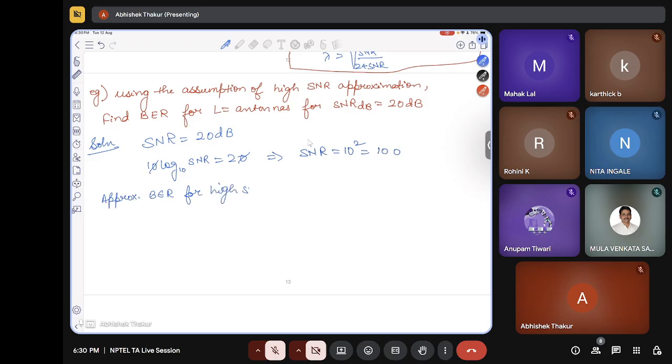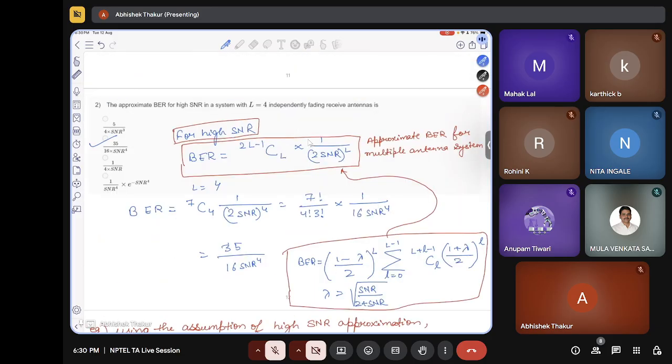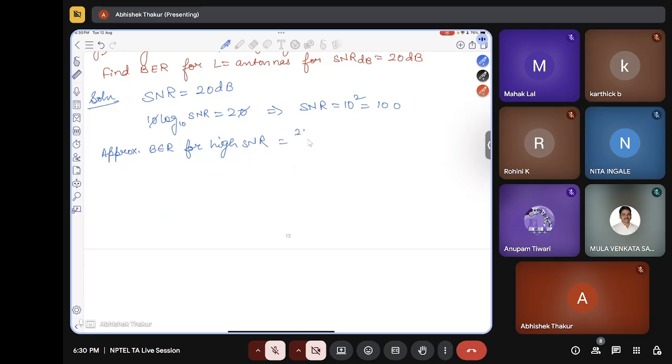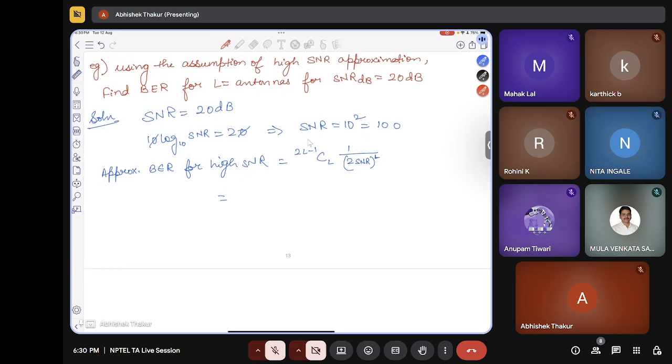What we have seen here, we have seen the formula. Same formula we will use. That is equal to (2L minus 1) C L times (1 by 2 SNR) to the power of L. Here L is equal to 2 antennas, it is given in the question. It will become 3 C 2 times (1 by 2 SNR) to the power of 2.